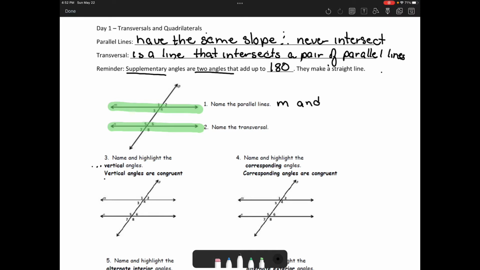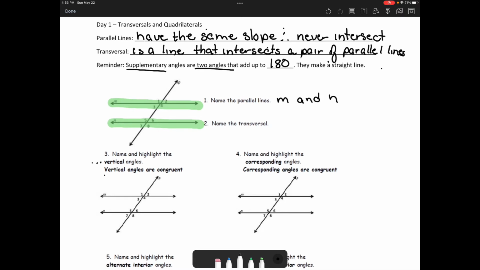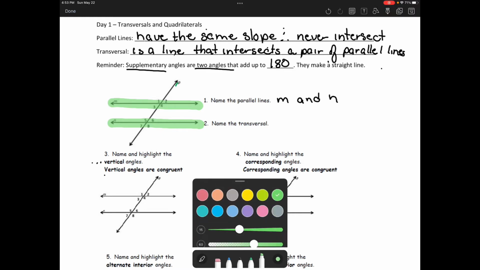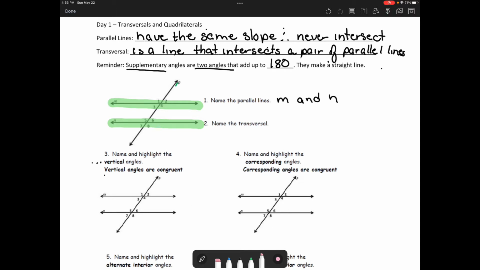M and N are parallel because notice they have the same slope. They both have a slope of 0, and they will never intersect. The transversal is the line that intersects both the parallel lines. So this would be our transversal.